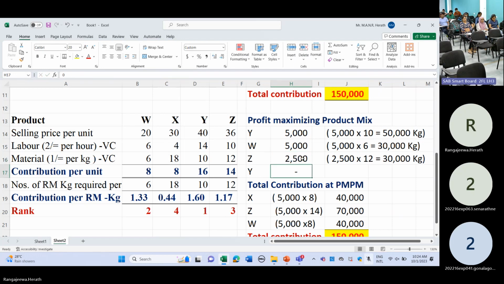So three products: Y and W at 5,000 each, Z at 2,500, and X no production is the mix.